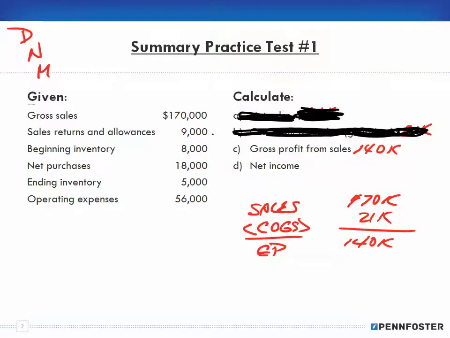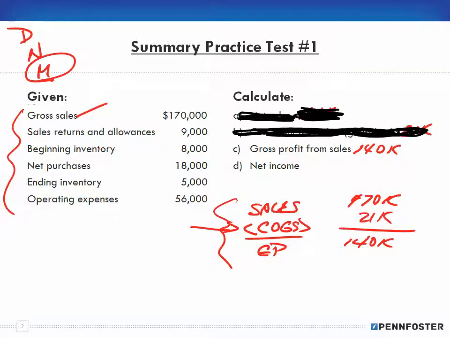Let's say you were first told to just calculate the gross profit from sales. On a simplistic level, this is the formula, but notice you don't have anything that tells you what your cost of goods sold was. So now you actually have to manipulate some of this data. Yes, directly you have the gross sales of 170,000, but now you have to figure out your cost of goods sold.